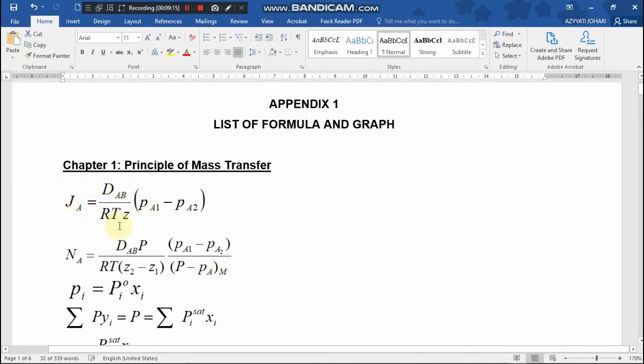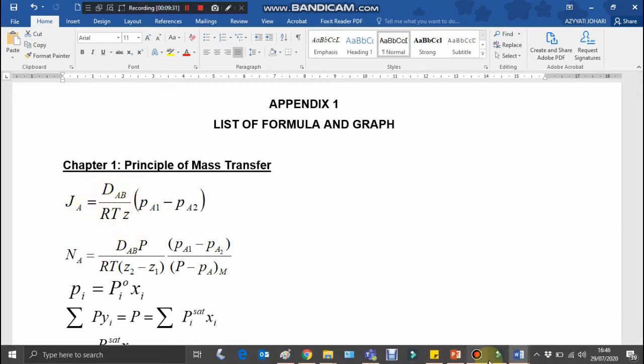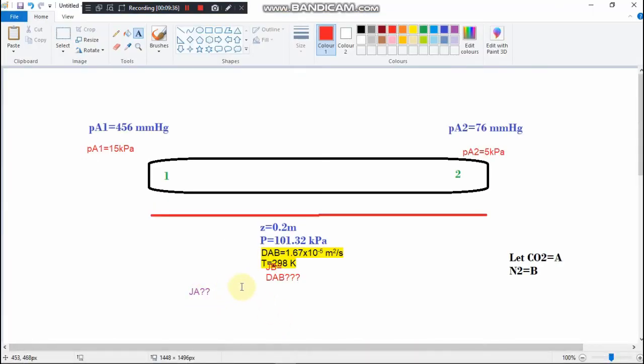So you write down this equation first and rearrange it to make DAB the subject. So DAB is equal to JA multiplied by RTZ over PA1 minus PA2. We don't have the value of JA from the question, but the question gives you the value of JB.